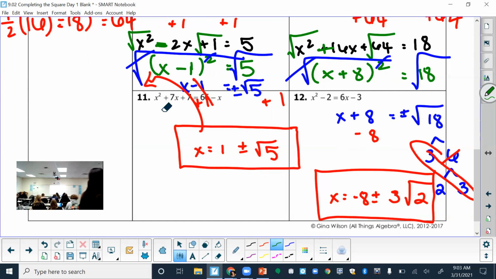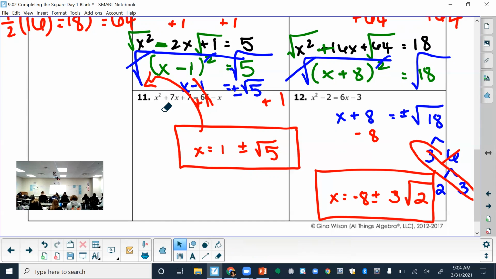So try 15 from your practice. We'll go over it in a few minutes, and then finish the rest of your practice, just the evens or the odds, but everyone do number 15. If you get stuck, do ask. I don't expect you to just sit there and wait until we go over it.